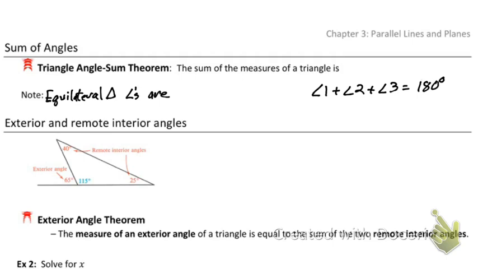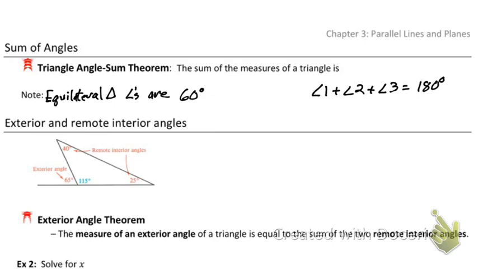So each of their angles are always going to be 60 degrees. As soon as I say equilateral or equiangular to you, you should immediately think, okay, they're all 60 degrees. I don't have to do any math. That is something that pops up a lot because you kind of forget about it when you're in the depths of a question. But equilateral means each angle is 60 degrees.